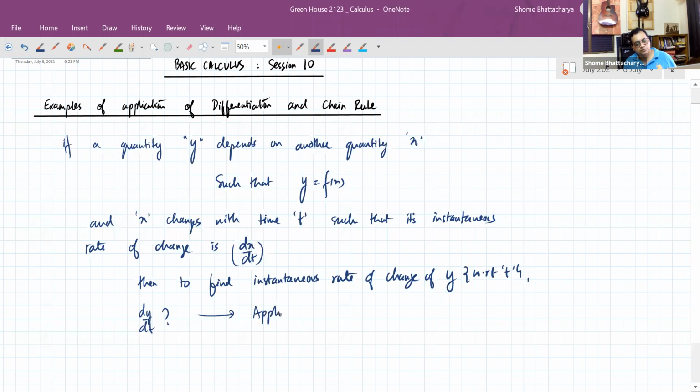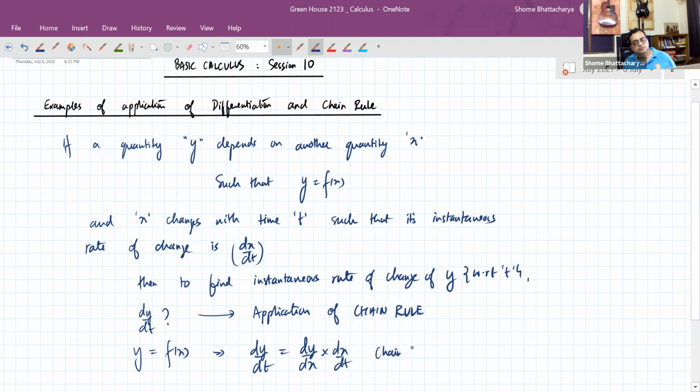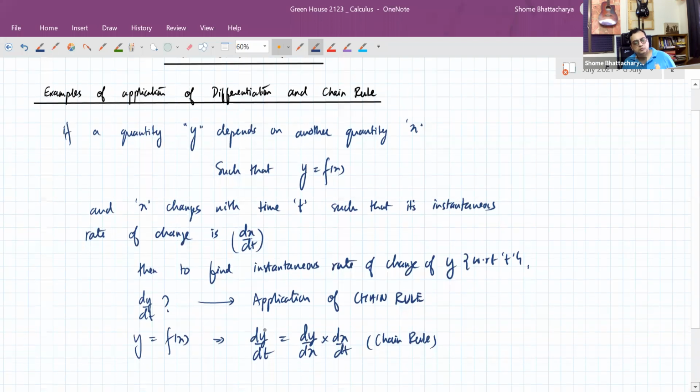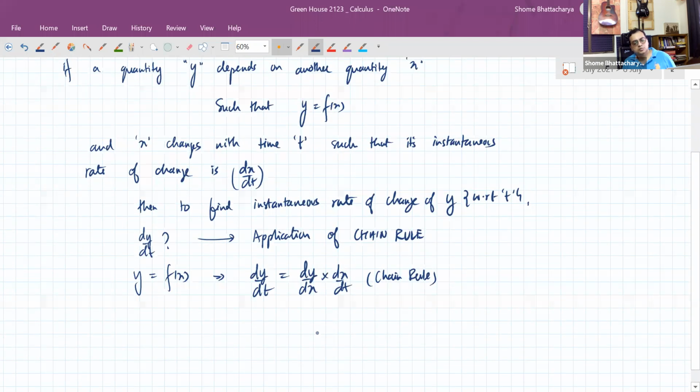We look at the application of chain rule. Before we come to examples, let's see how we execute this chain rule. So y is a function of x. That means dy by dt can be written as dy by dx into dx by dt. This is our chain rule. Further, this will become the derivative of f(x), because y is equal to f(x) from above.